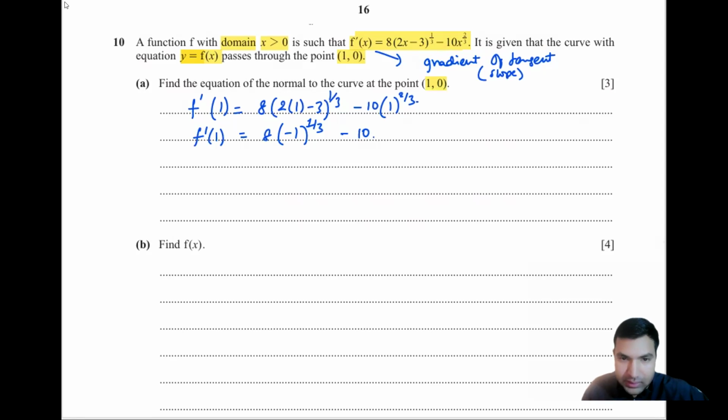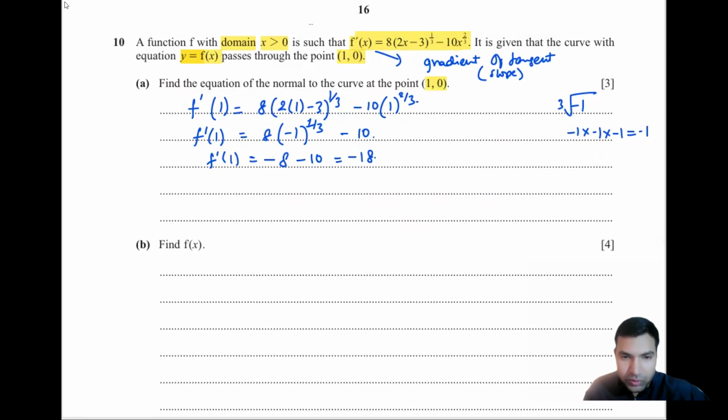If you differentiate, negative 1 to odd power, the cube root of it, basically. What is the cube root of negative 1? So negative 1 times negative 1 times negative 1, that is negative 1 only. So this becomes negative 8 and then negative 10, right? So what is f dash of 1? That gives you negative 18.